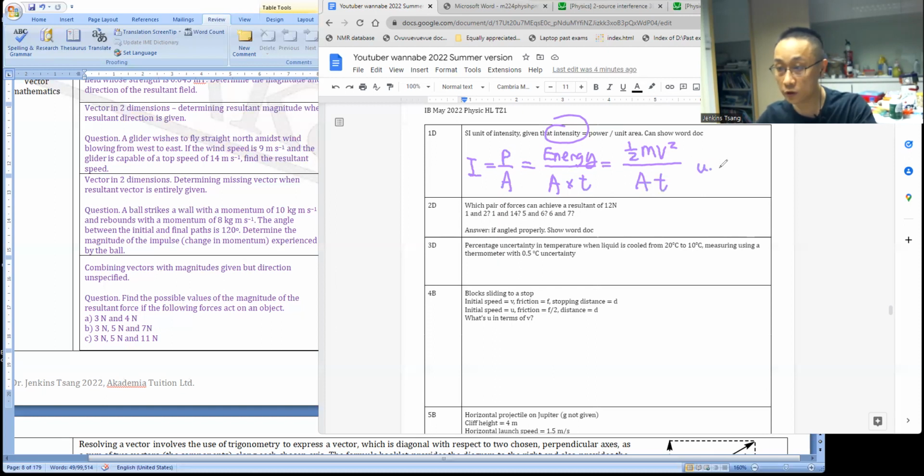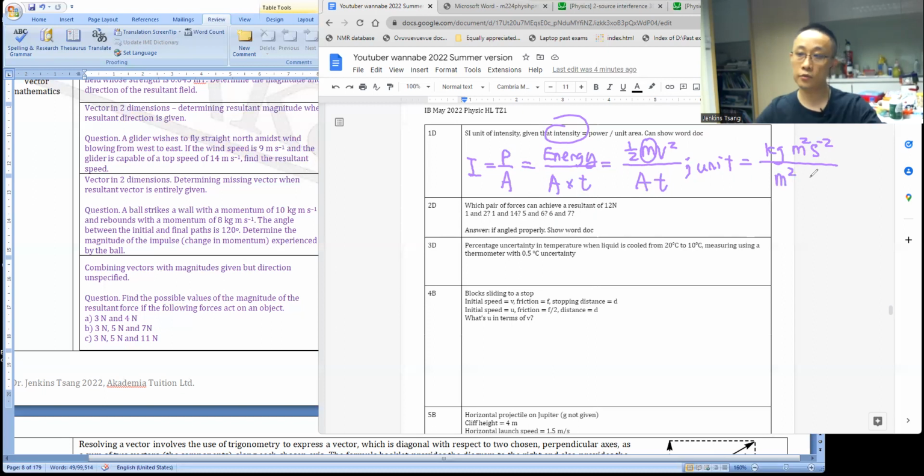So the unit would equal kg. The m here is actually the quantity symbol as opposed to the unit symbol. And you can ignore the half in front because the half has no units. v is velocity, so meter per second. With the square, it will become m squared s minus 2.